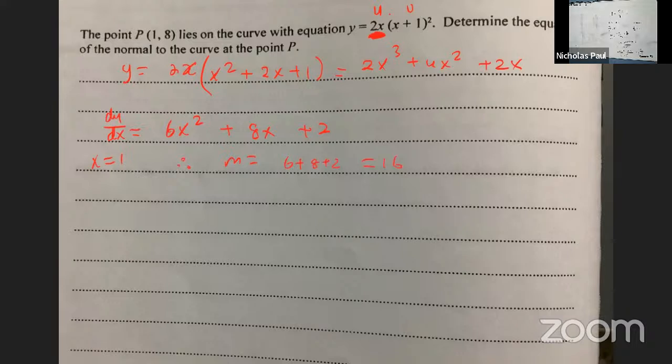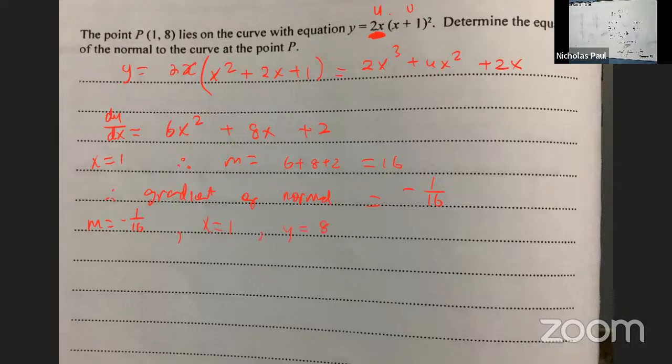Yeah? So therefore the gradient of the normal is the negative reciprocal, so that'll be negative 1 on 16. Now we use the gradient as negative 1 on 16, x is 1 and y is 8.